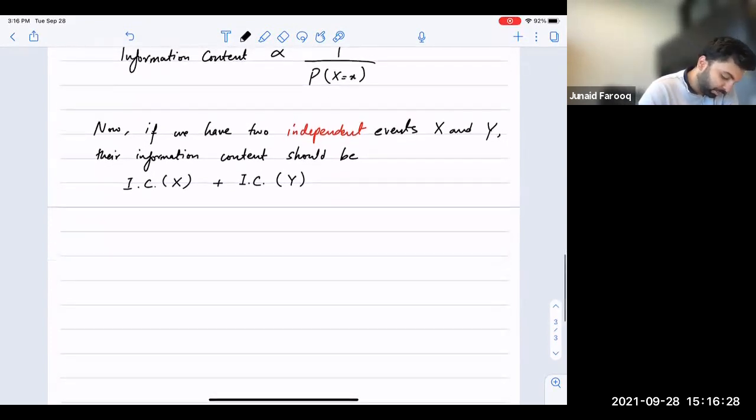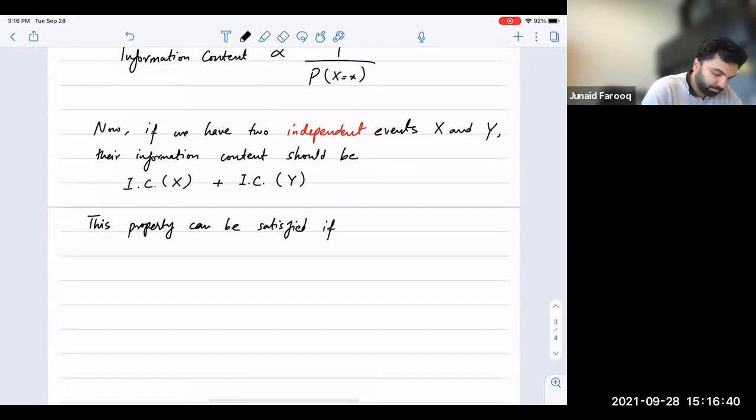So this sort of property can be satisfied if we use a logarithmic function to define the information content.